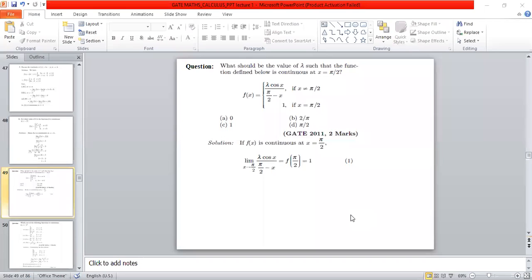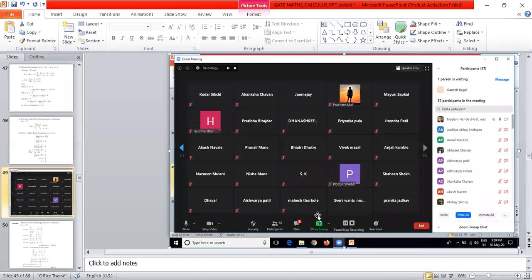Answer. What is the answer? Please show the question once again. Okay, I'll show you. What is the value of lambda? 1, ma'am. Is it 1? Yes. What is the answer? Is it 1? 1. Okay.